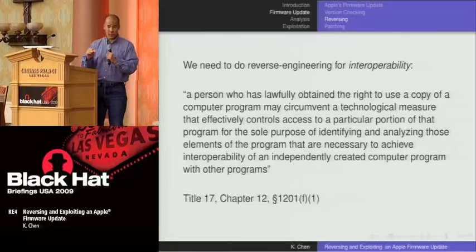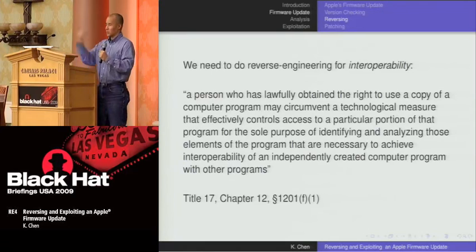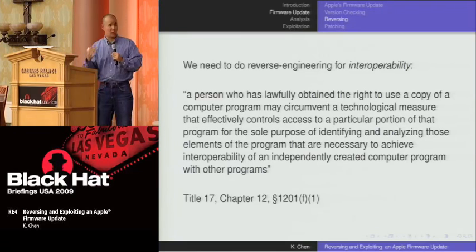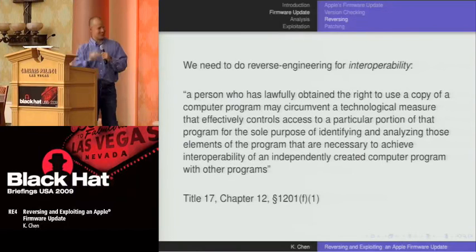So I believe that the reverse engineering that I'm about to do is completely legit. The reason is that I've written a Trojan, malicious code, and I want to make sure that it's interoperable with Apple's keyboards. This is for interoperability. That's why there's no DMCA violation here.